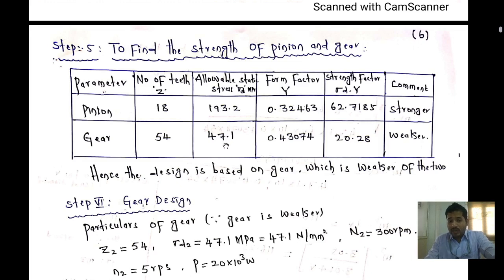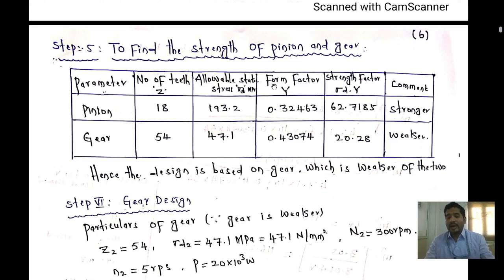For that reason we need to design on the gear, which has the lesser strength, because the gear is weaker than the pinion.